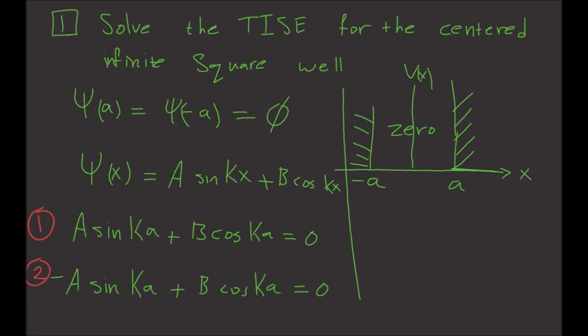Now let's subtract equation number 2 from number 1. We get a times sine of ka equal to 0, so ka is equal to j times pi, or a equal to 0.